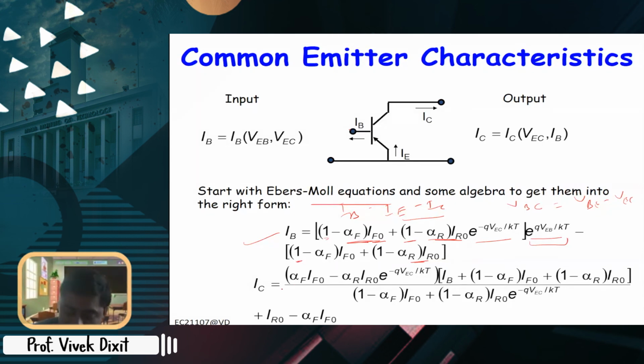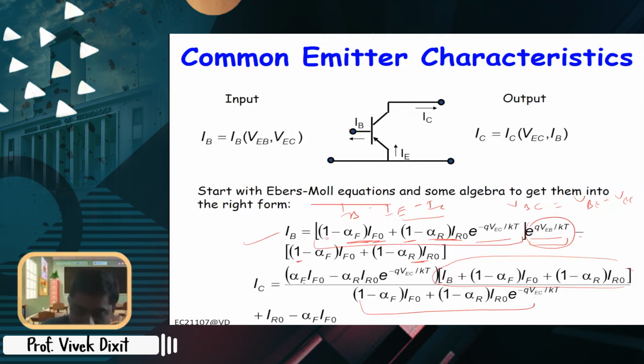Then IC can again be expressed if you substitute QVB by KT in terms of IB here. So you see here QVB by KT can be written as IB plus this whole term, divided by this coefficient here, right? This is QVB by KT.